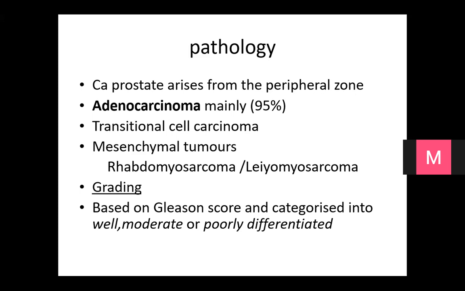So the Gleason score considers patterns: one is the cell that is close to the normal cell.